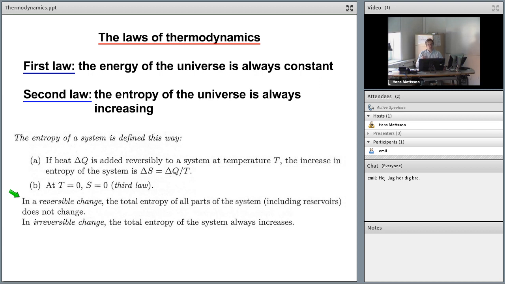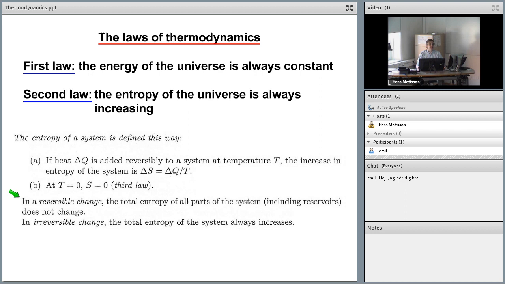So it's possible to completely convert mechanical energy into heat, but the other way around, to completely convert heat into mechanical energy, is not possible. For instance, this glass of water where we stirred with a propeller, then we convert all the mechanical energy into heat. But the other way around is not possible. And that is also a statement of the second law of thermodynamics.